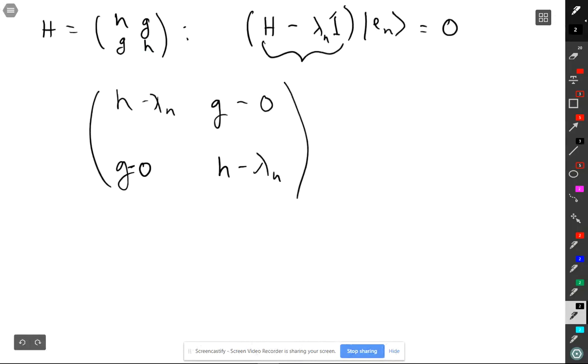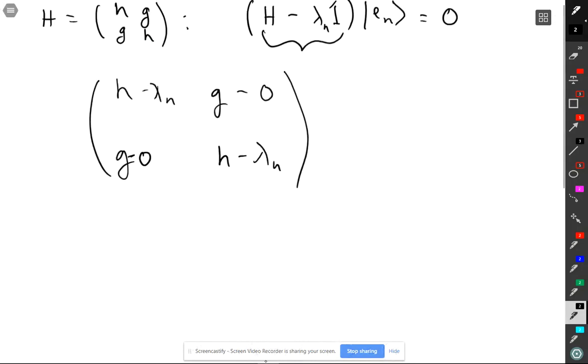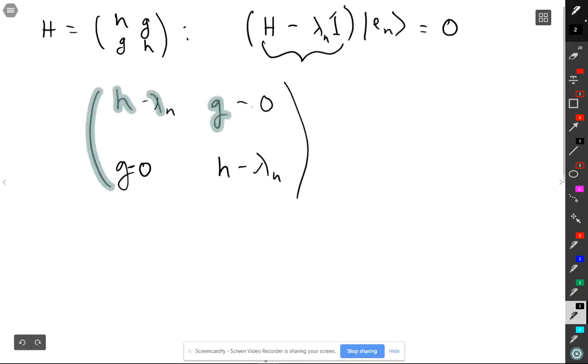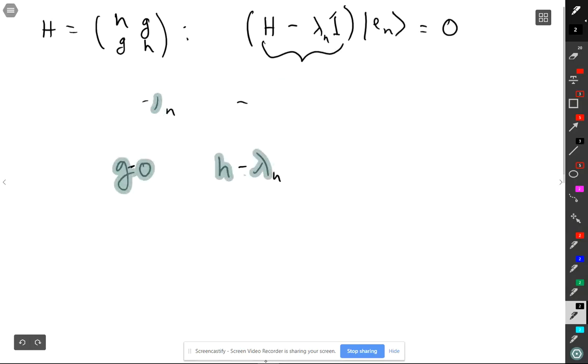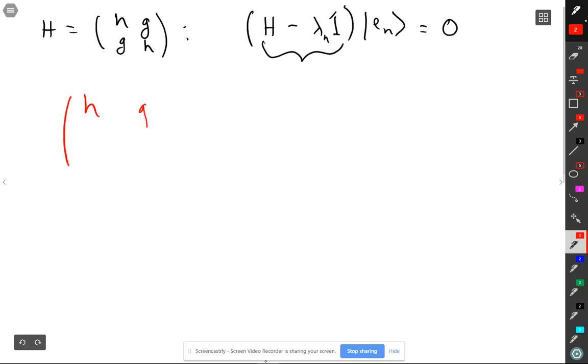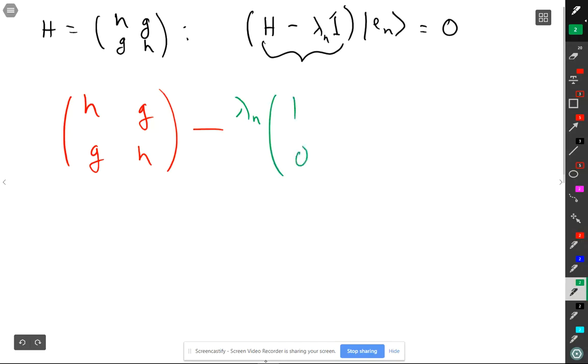So coming to what we have here, let me write this with an intermediate step that hopefully will make it make more sense. So this is going to be h g g h minus lambda sub n 1 0 0 1. All of that.